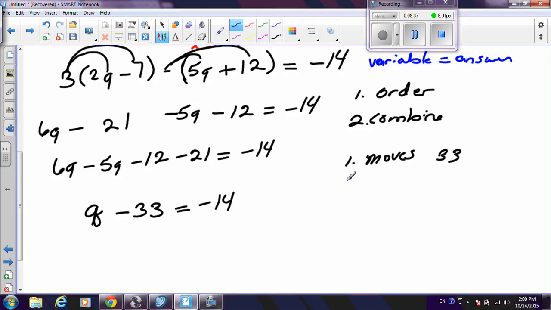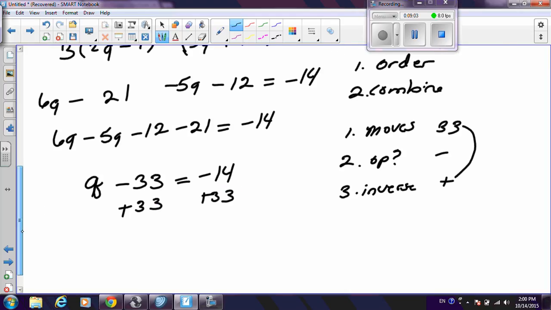So what is the operation on that 33? Well, the operation is subtraction, and our inverse is addition, because of course the opposite of subtraction is addition. So that means we're going to have to add the 33 to both sides.